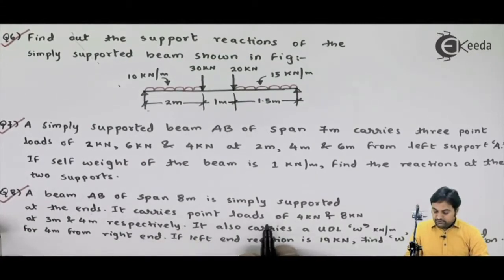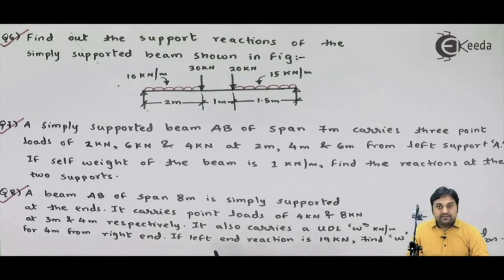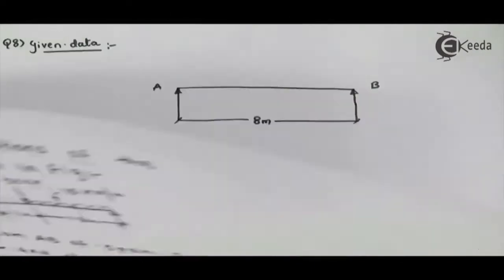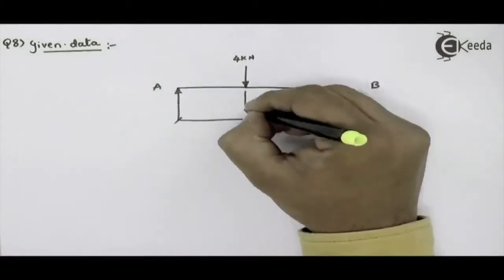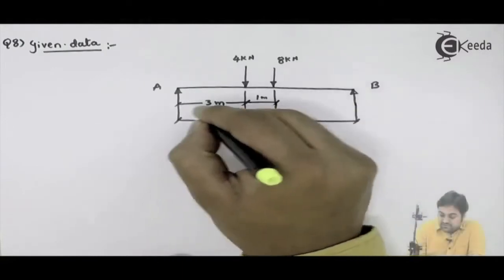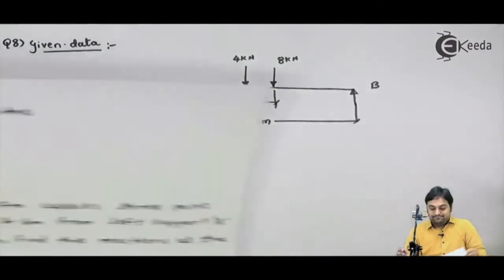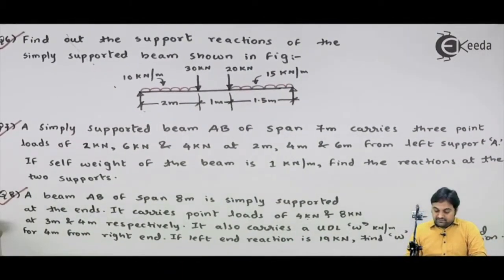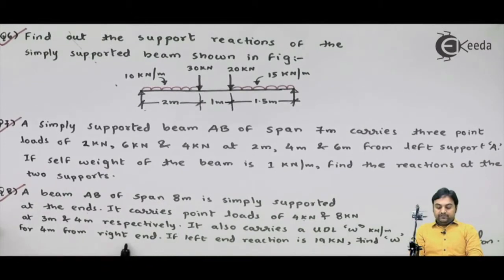It carries point loads of 4 kilonewton and 8 kilonewton. So we will see the distances. 4 kilonewton is at 3 meter. So this is 4. Next, it also carries a UDL W kilonewton per meter for 4 meter from right end.